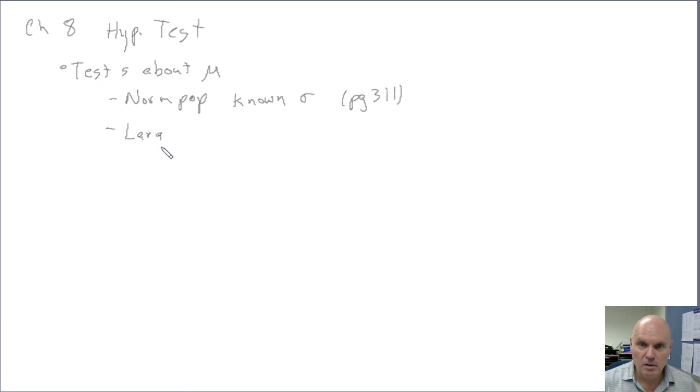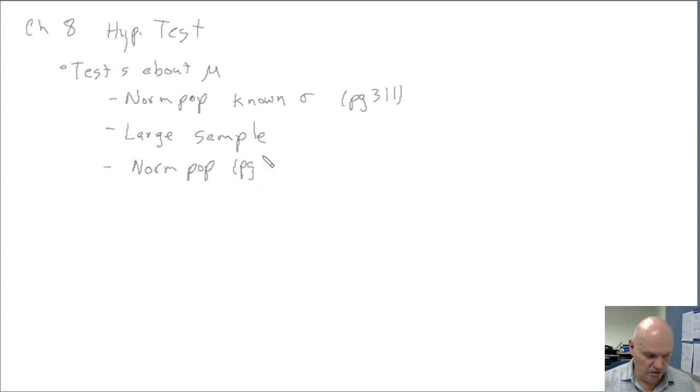And then we also looked at the large sample case. Same formulas, page 311, except now you use S, the sample standard deviation, in place of sigma. And then we also looked at the normal population case with unknown sigma.